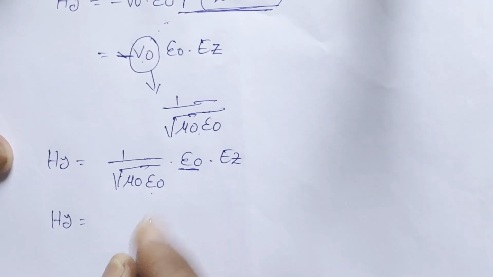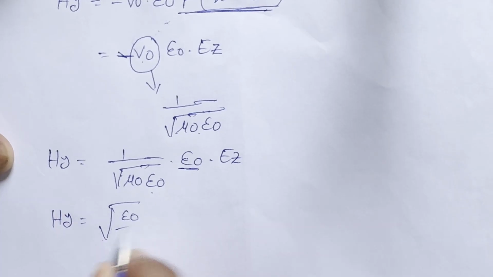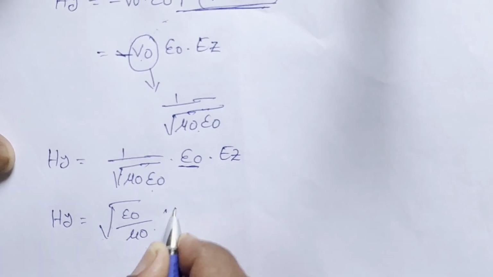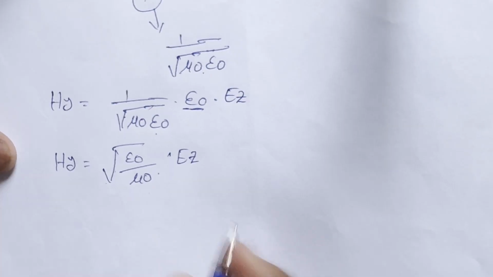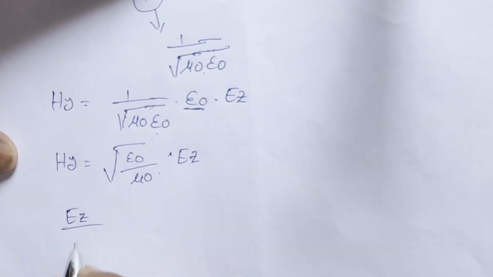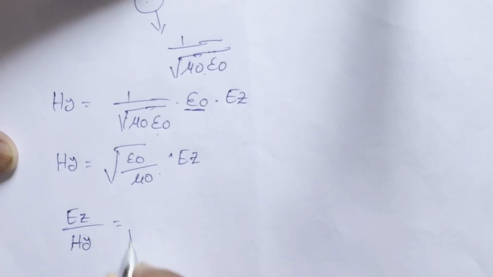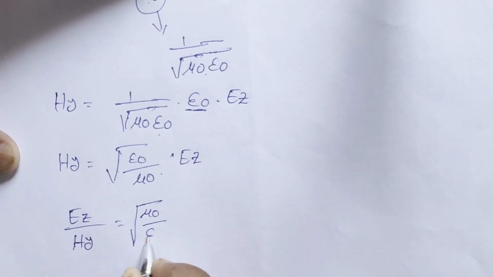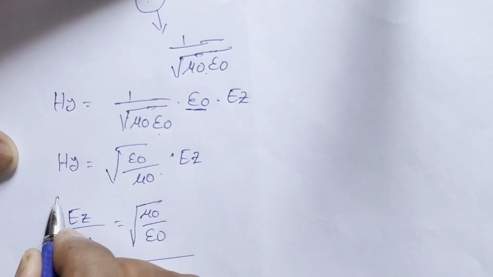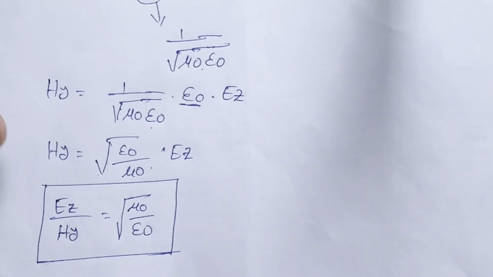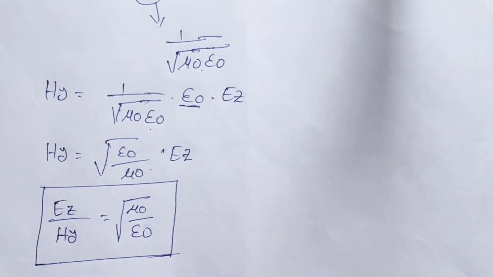Then Hy equals square root of ε₀ by μ₀ into Ez. Finally we get Ez by Hy equal to square root of μ₀ by ε₀. It is also the relation between E and H.